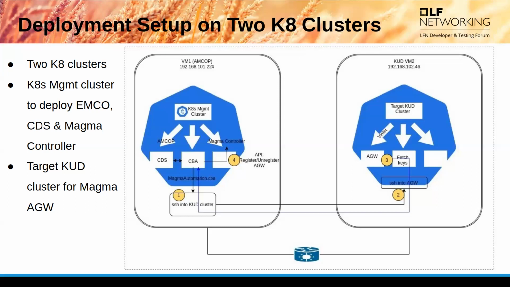But for this particular setup, we are demonstrating it using SSH, and showing that we can get the key and register it, and this entire process of deploying it can be fully automated. Correct. Honestly, for all the day-N operations, you can do more. You can create the respective CBAs based on what configuration you want to deploy. So that is open, and it depends on what scope you want to exercise it.